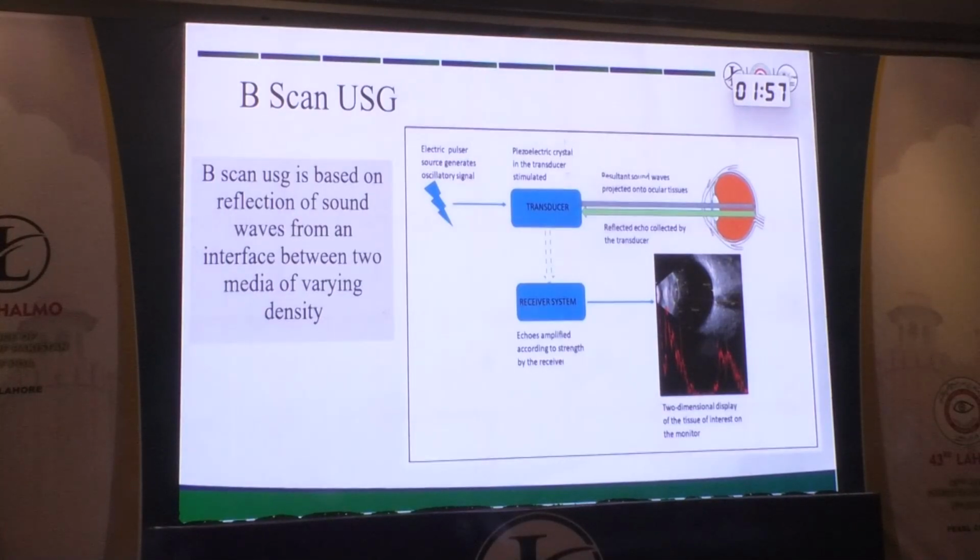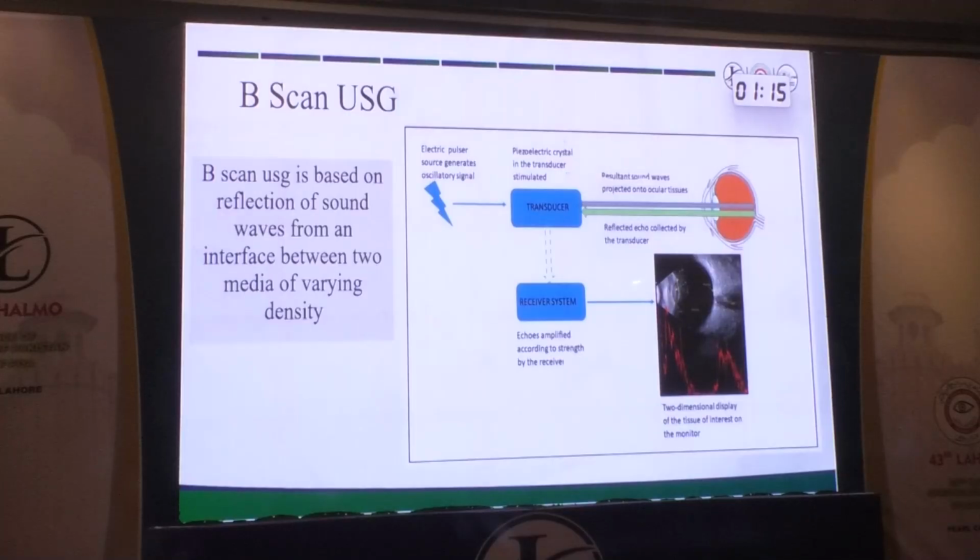There is an electronic pulsar source, then it goes to the piezoelectric crystal in the transducer, which is stimulated. The resultant sound waves enter the orbital or ocular tissue, and then they are reflected back to the transducer, and from the transducer they are picked up by the receiver system, and the receiver system amplifies the echo according to the strength.